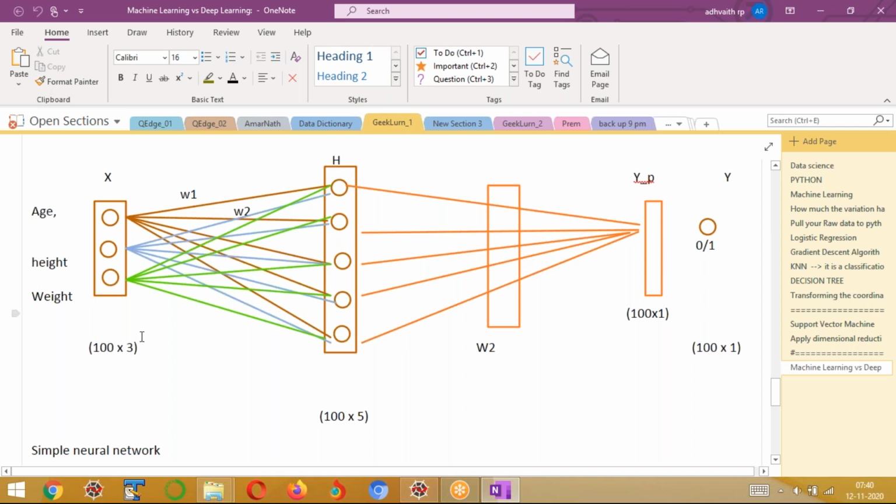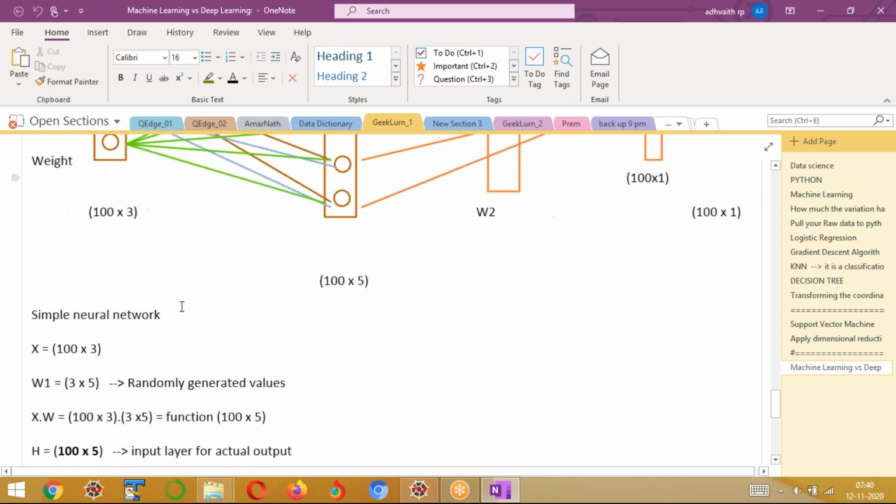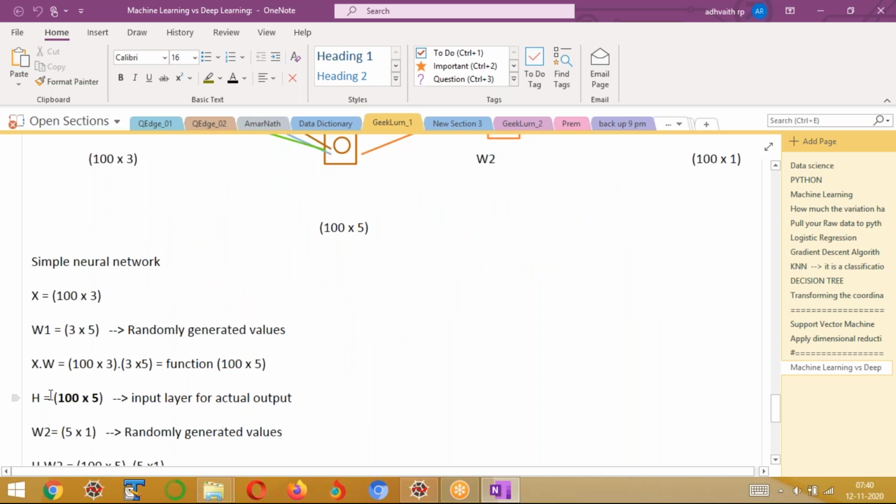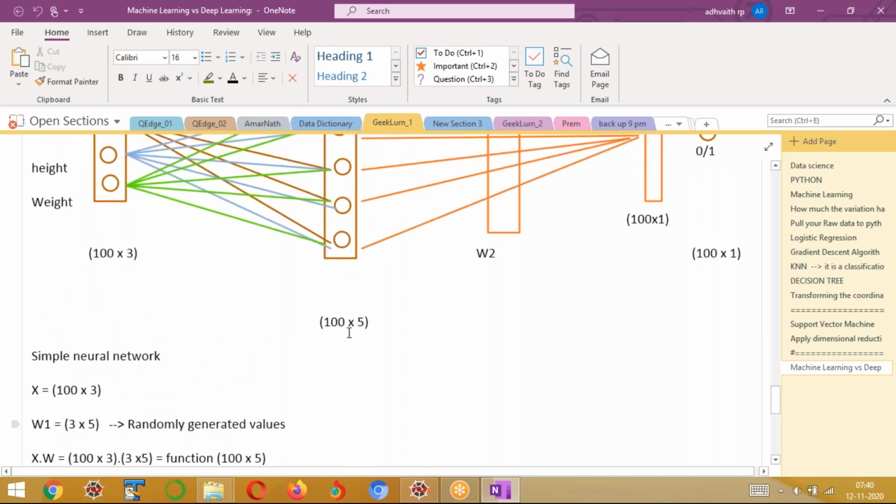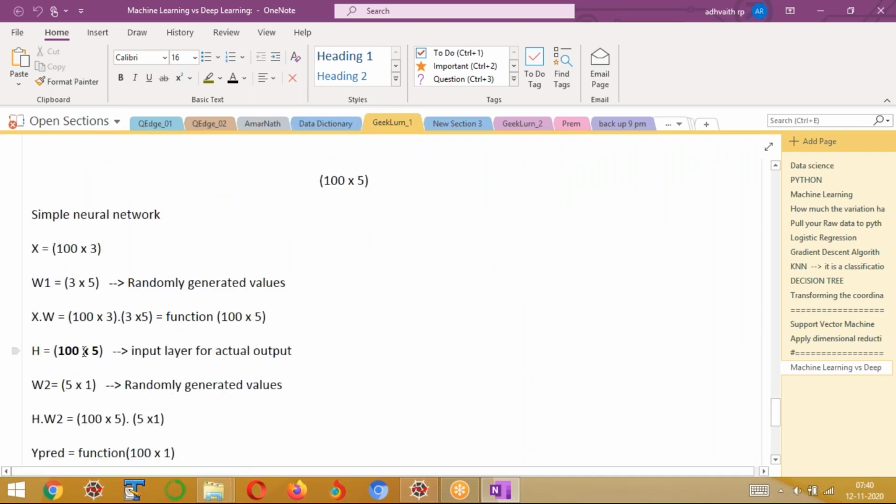After multiplying x and w, we will receive h. On top of h, you apply a function, any function which we have in the deep learning subject. Once we put the function, the generated values will be saved in the hidden layer construction.